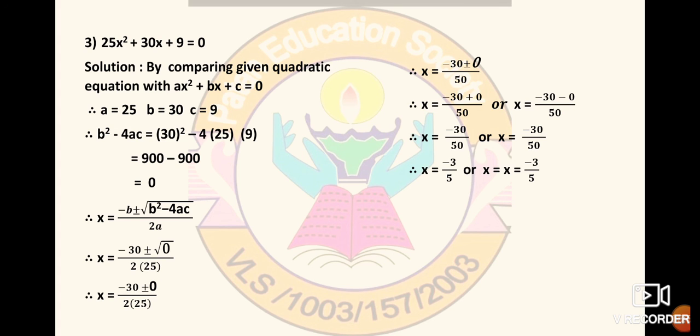If you reduce that, the 0s can get cancelled, so x is equal to negative 3 upon 5, or x is equal to negative 3 upon 5. Here if you see, both the roots are equal. This is the final answer of example number 3.